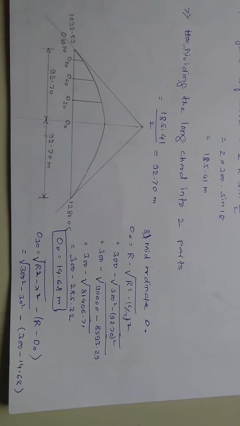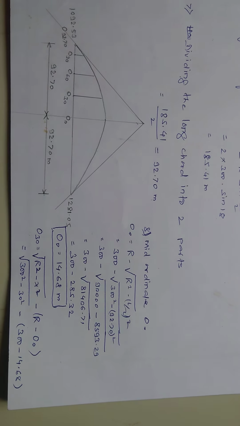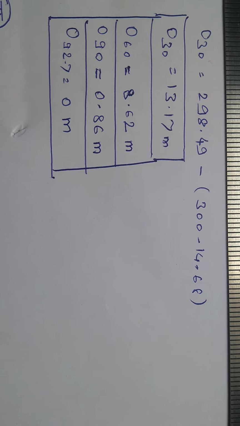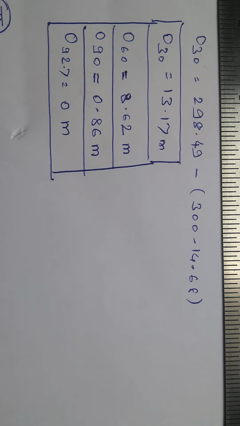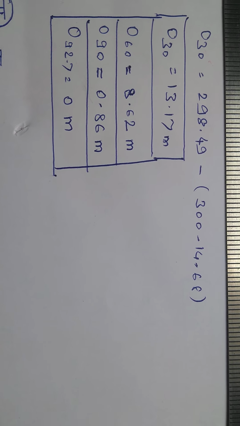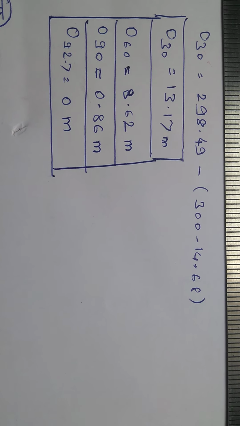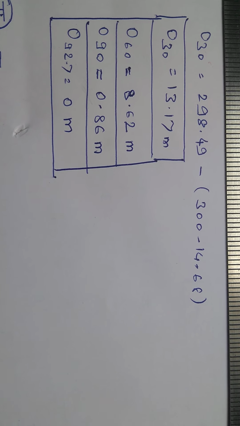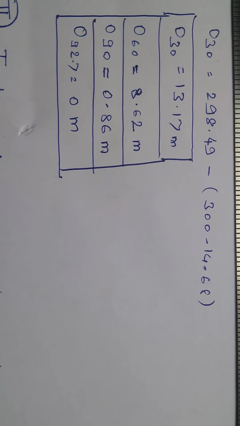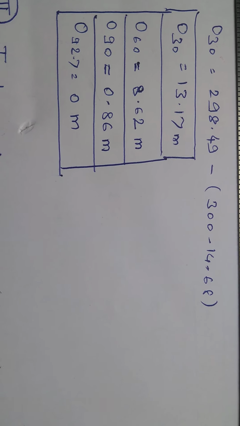Put the values and get the value of O30. Now putting the values, I get the value of O30 as 13.17 meter. Using the similar relation I have got the value of O60, O90 and O92.7, as the value of O92.7 is coming as 0 meter.